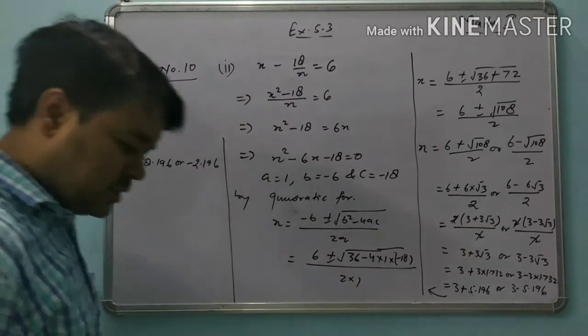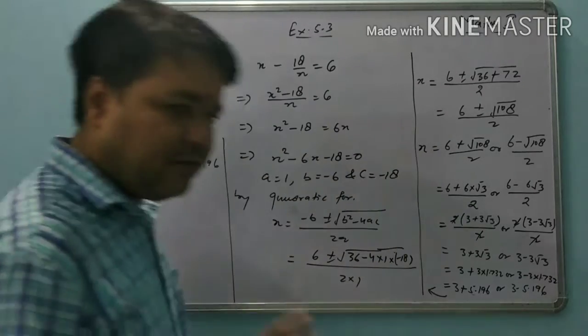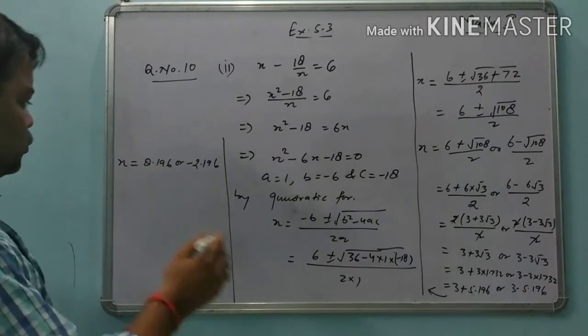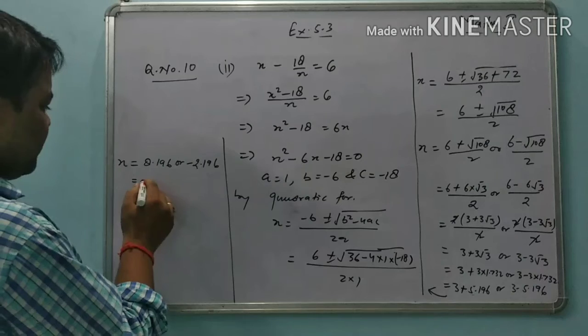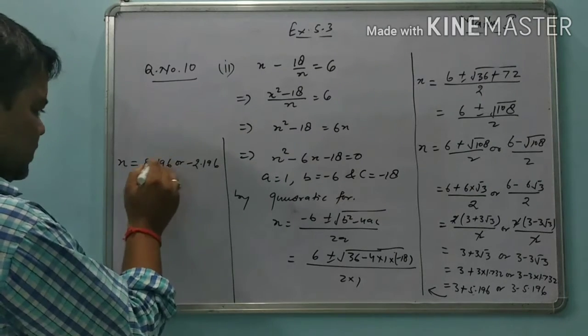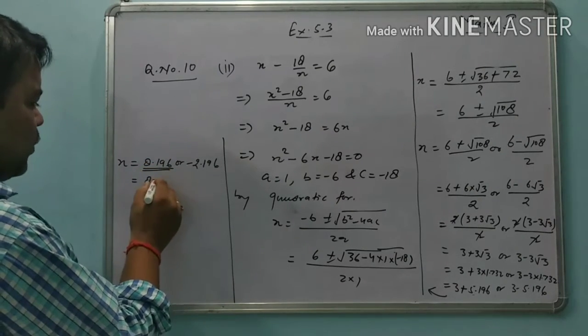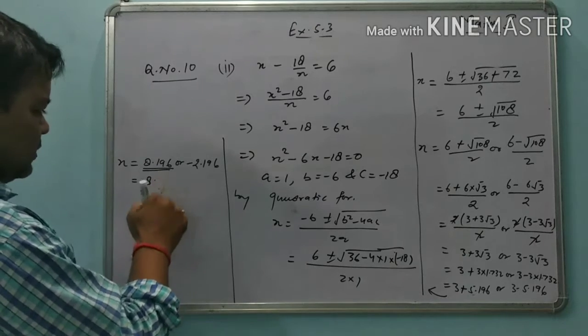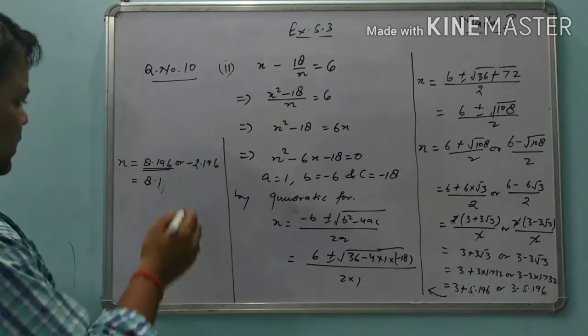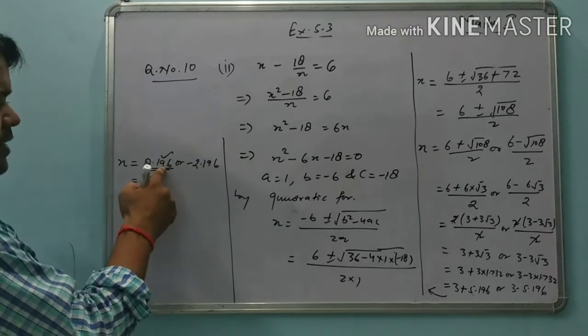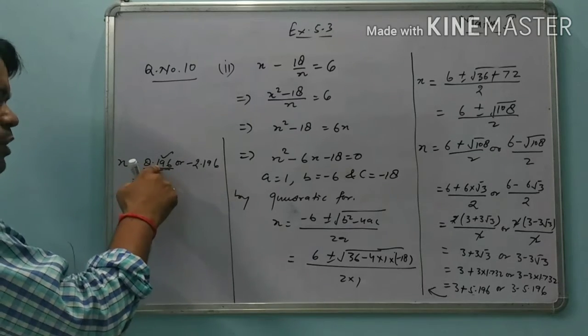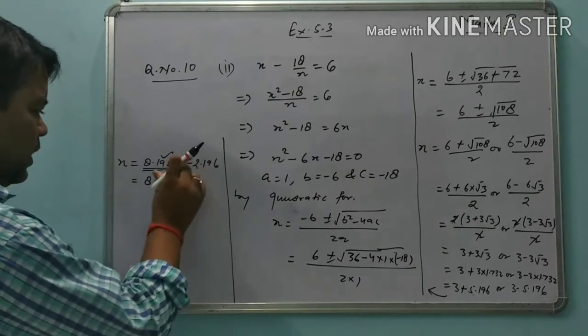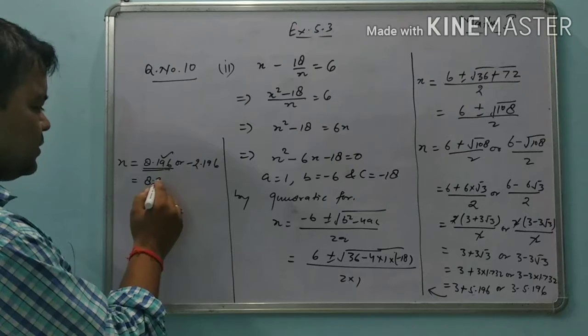But the question is up to two significant figures. So up to two significant figures, it will be 8.1. Concentrate here. But what is the next digit? 9. Therefore, 1 will be increased by 1 and its value will be 8.2.